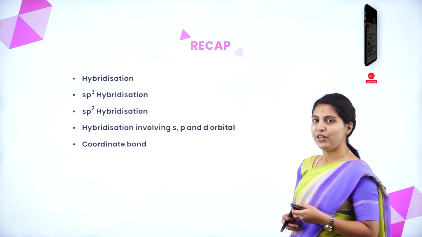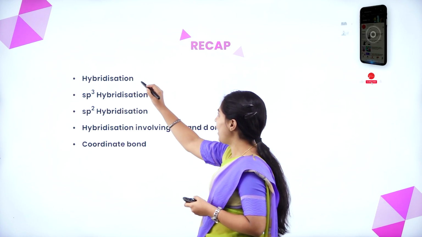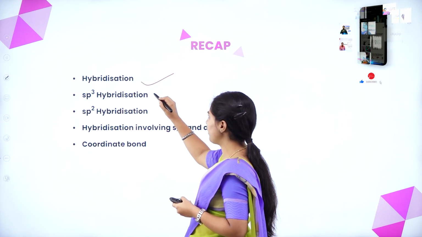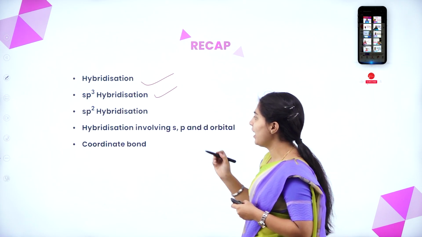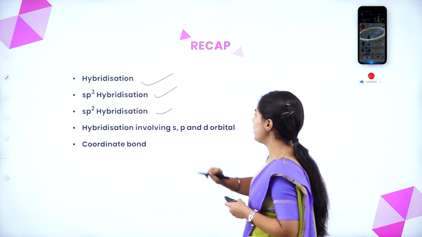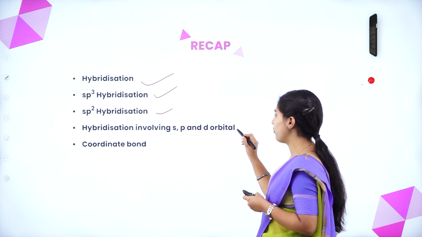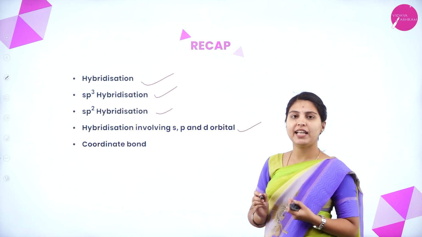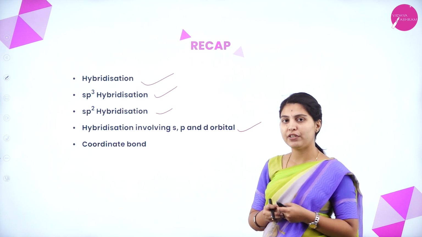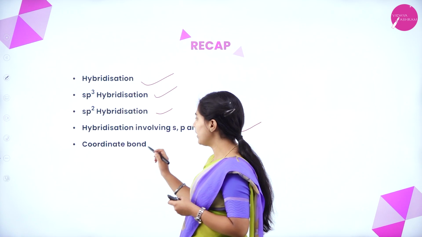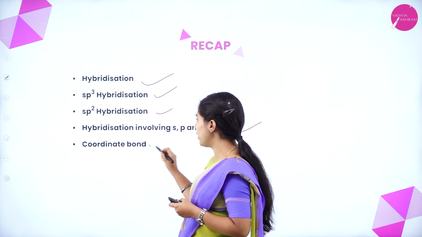In the last session, we discussed hybridization and various types of hybridization like sp3, sp2, sp, and also hybridization involving s, p and d orbitals like sp3d, sp3d2, sp3d3. We have also discussed another type of bond, the coordinate bond.